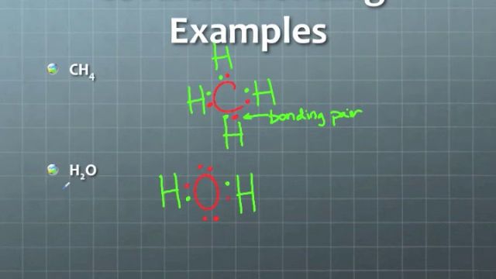And so now I make sure that everybody's happy. My oxygen now has 8 electrons. My hydrogen only has 2, but hydrogen's actually perfectly happy with 2, which is what we left off with on CH4 as well. So now in addition to having 2 bonding pairs or 2 bonds, we also have what's called a lone pair.